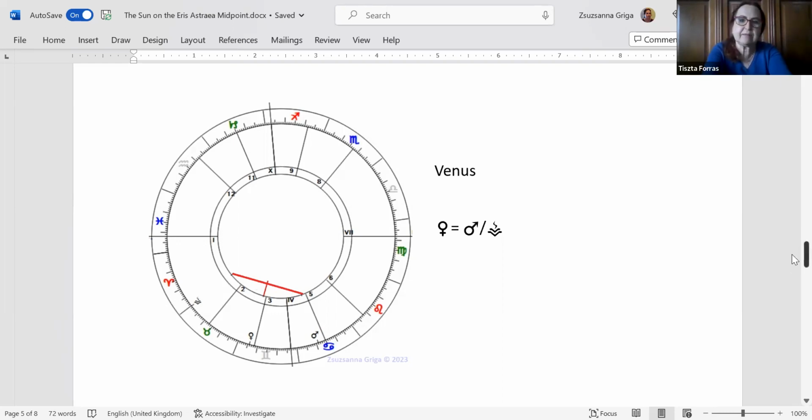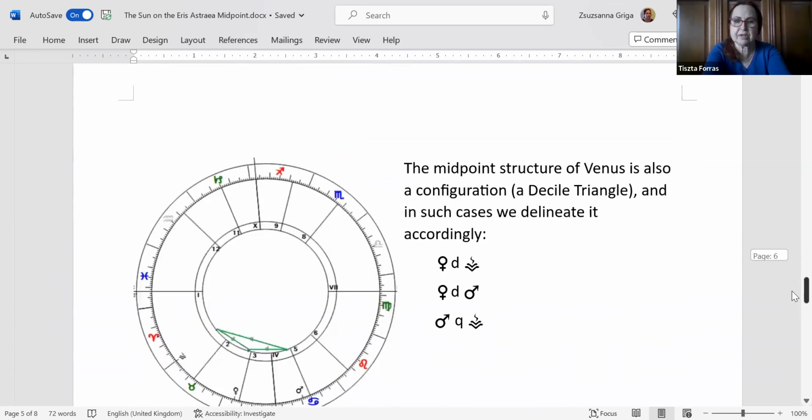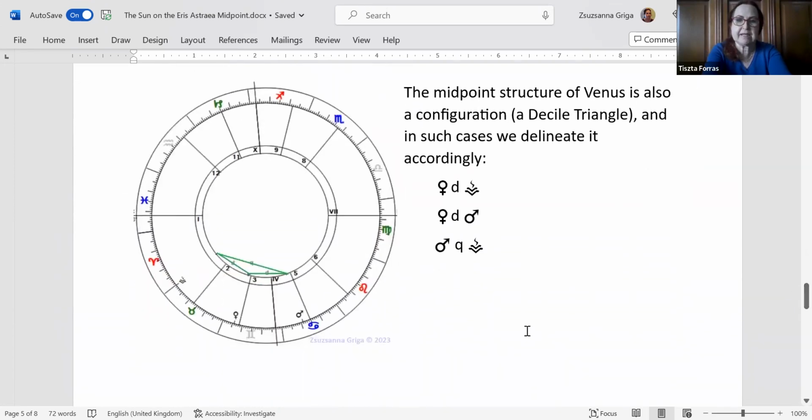Now, this particular midpoint structure is also a configuration, because here you have a docile triangle, a Vesta-Venus docile and a Venus-Mars docile, 36 degrees each, and Mars and Vesta are linked by a quintile. In such cases, we always need to delineate it accordingly.